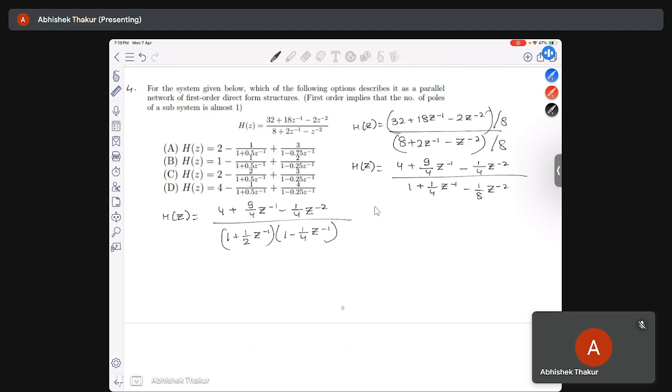So now to implement H(z) as a parallel network, we can write H(z) as A plus B divided by 1 plus half z inverse plus C divided by 1 minus 1 by 4 z inverse. Okay.